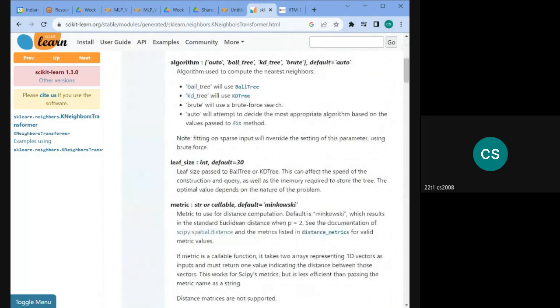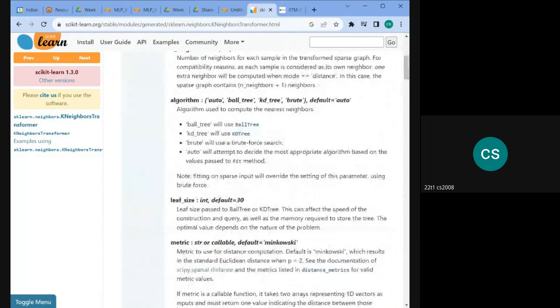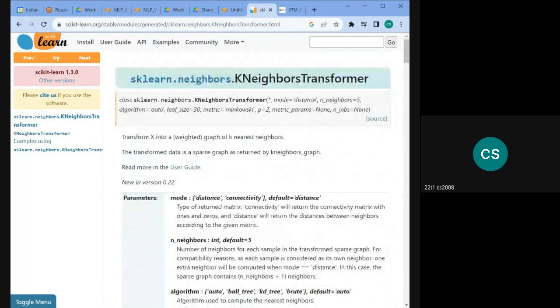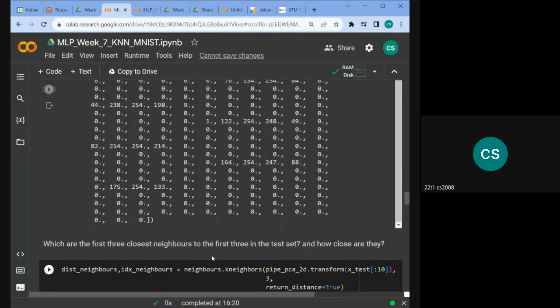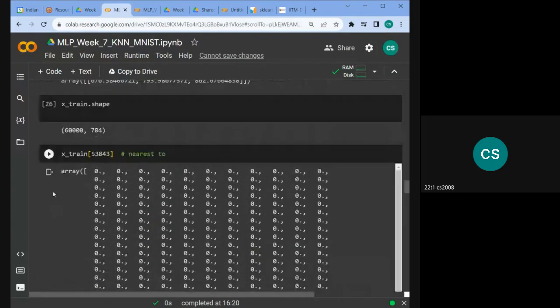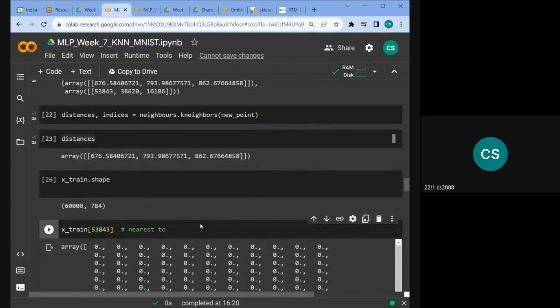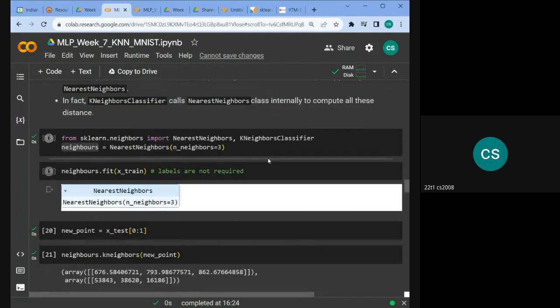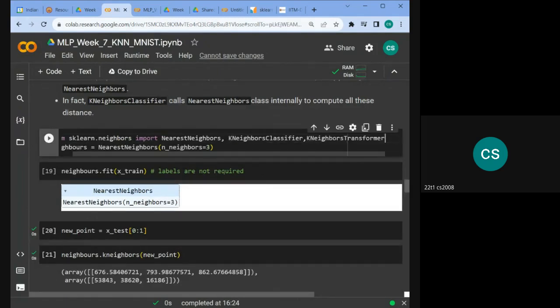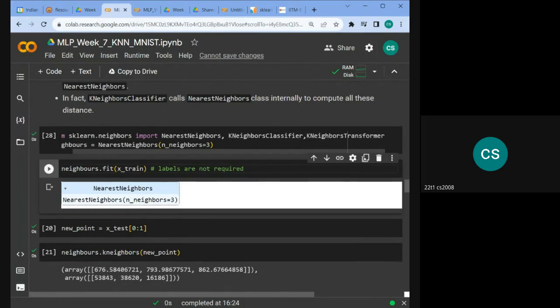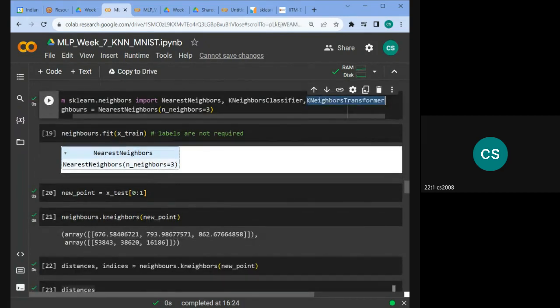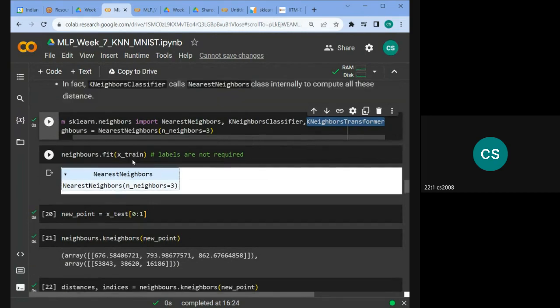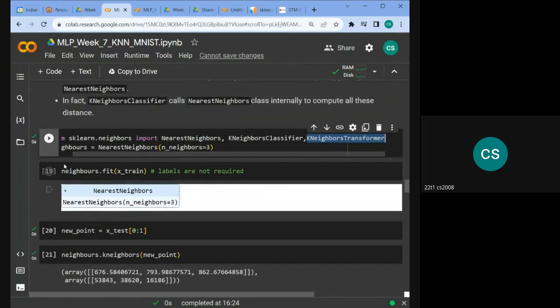Everything is similar, but it transforms the data to this. We have to create an object of this. Right, guys.